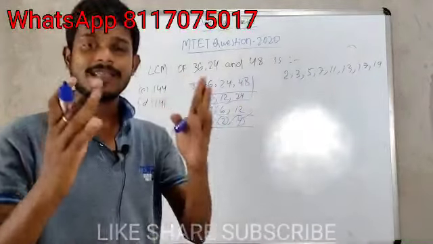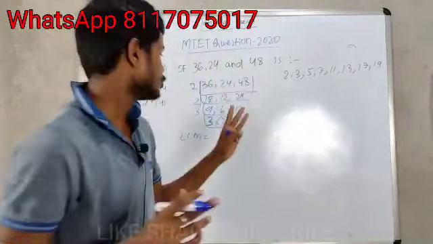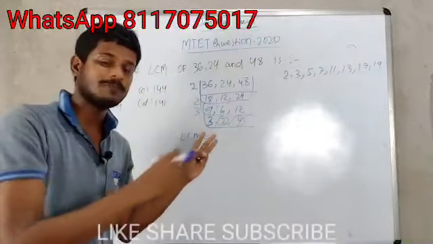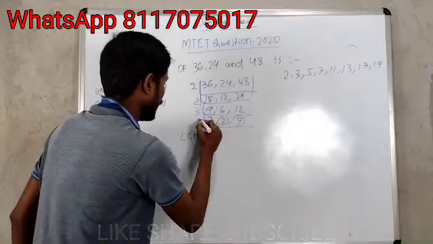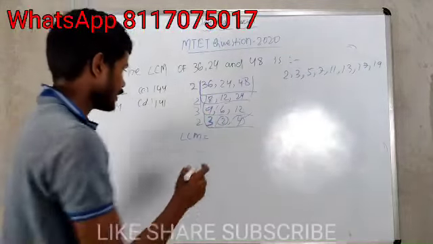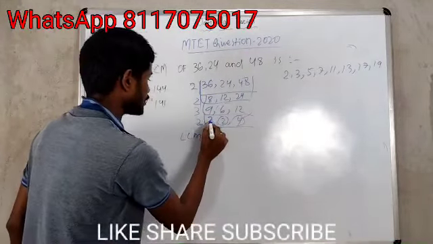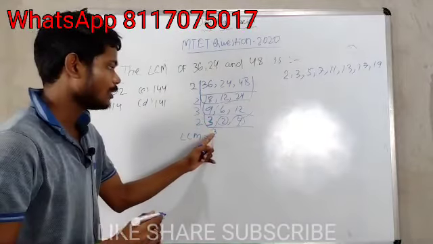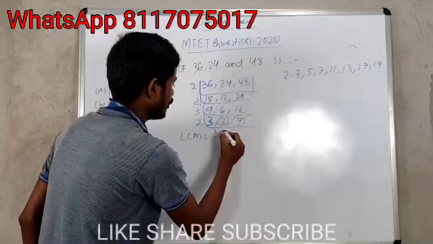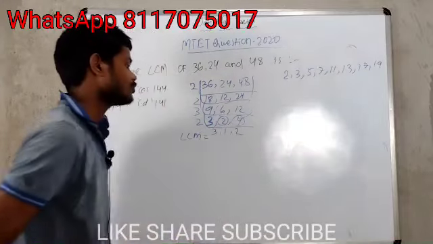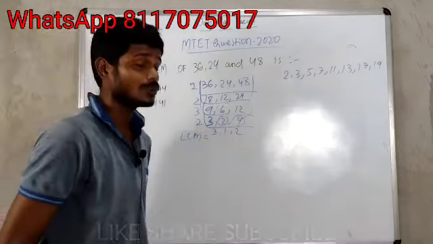If there are three numbers and two numbers are divided by any number, then you divide them. If 3 is not divided by 2, it will come in the same number. Then 2 by 2 is 1, and 4 by 2 is 2.